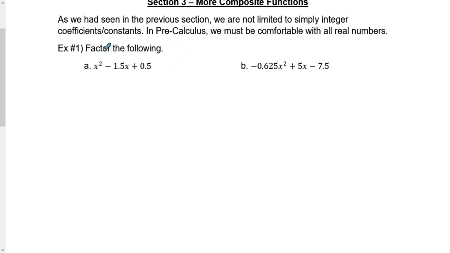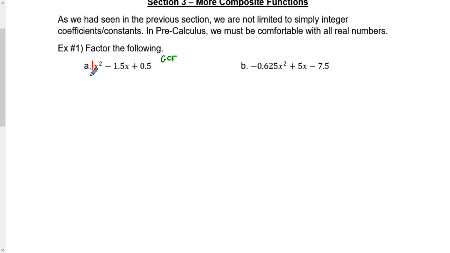Just like before, we want to find our greatest common factor. In this one, it may not be completely intuitive. But we want to find something that can go into a 1, a 1.5, and a 0.5.